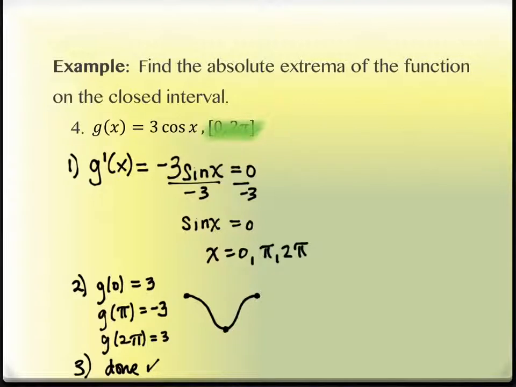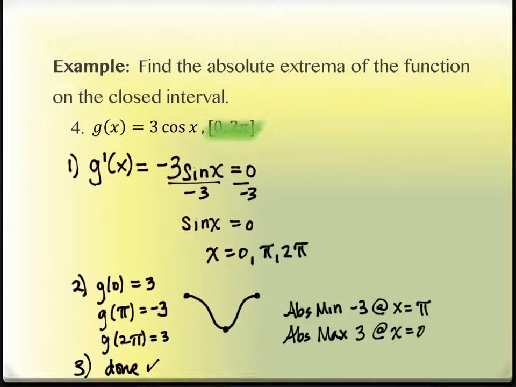There's actually a couple of locations of absolute maximums. My absolute minimum is what? It's -3, occurring at x equals pi. The absolute maximum is what? 3, and it occurs at x equals 0 and 2 pi.